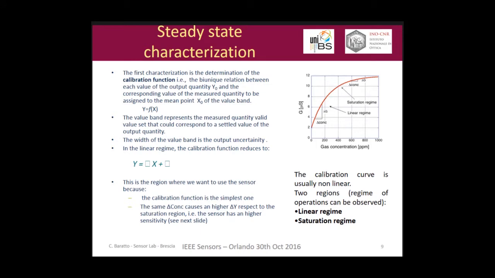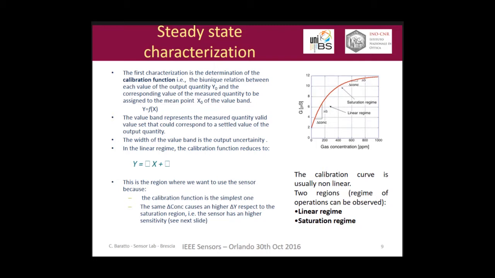Okay, so one can get this type of curve. It is the calibration curve, where you have the conductance of your material as a function of the gas concentration, and you can assign to a variation of the gas concentration a variation of the output conductance of the material.